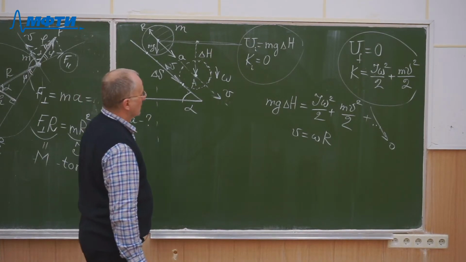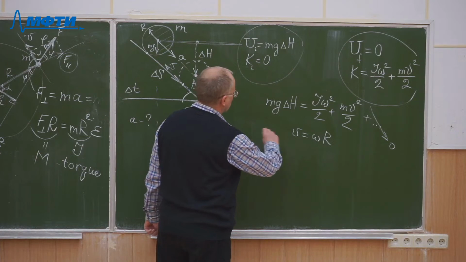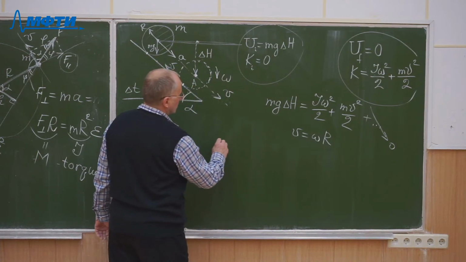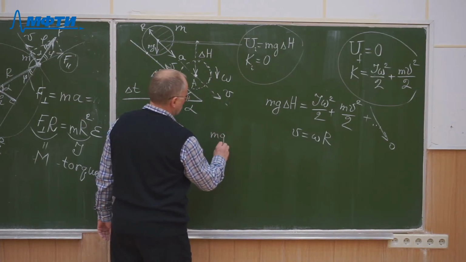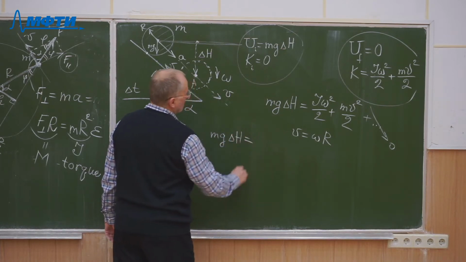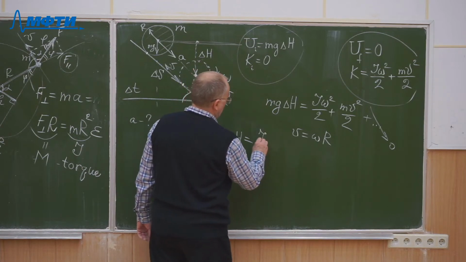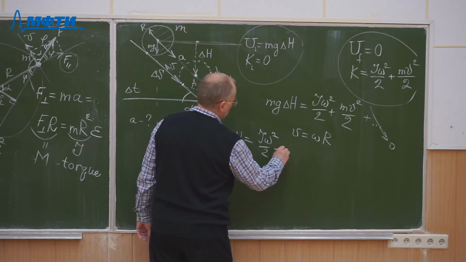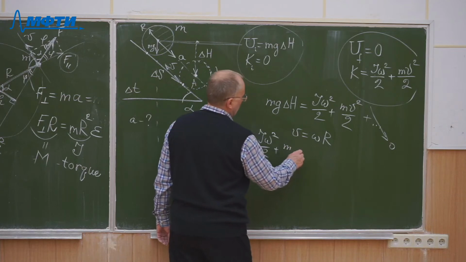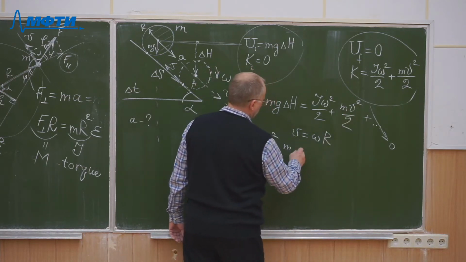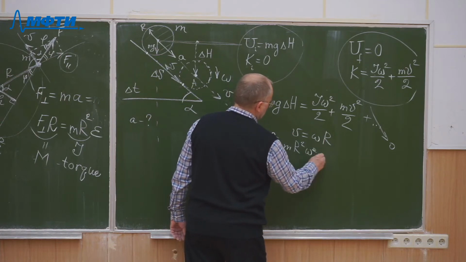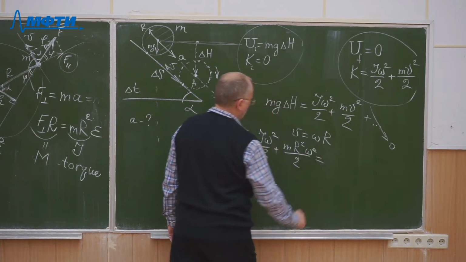And so what we have from this equation: mg delta h equals I omega squared over 2 plus m v squared, which gives m r squared omega squared over 2.